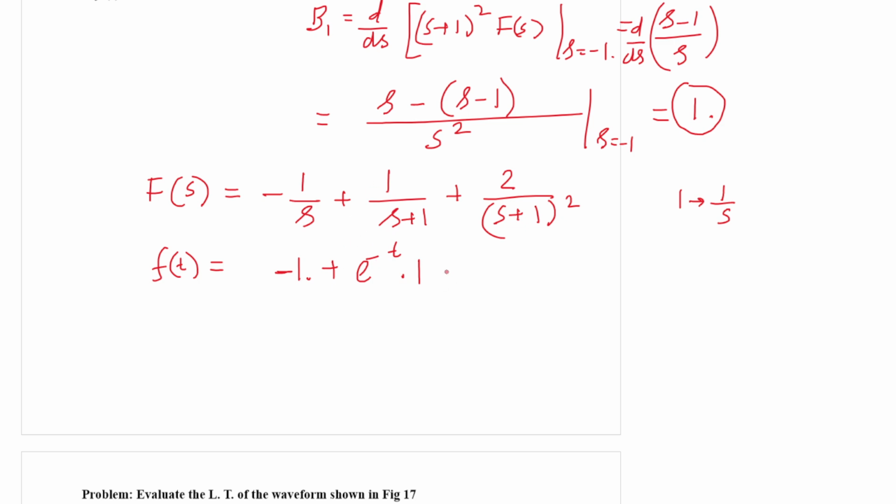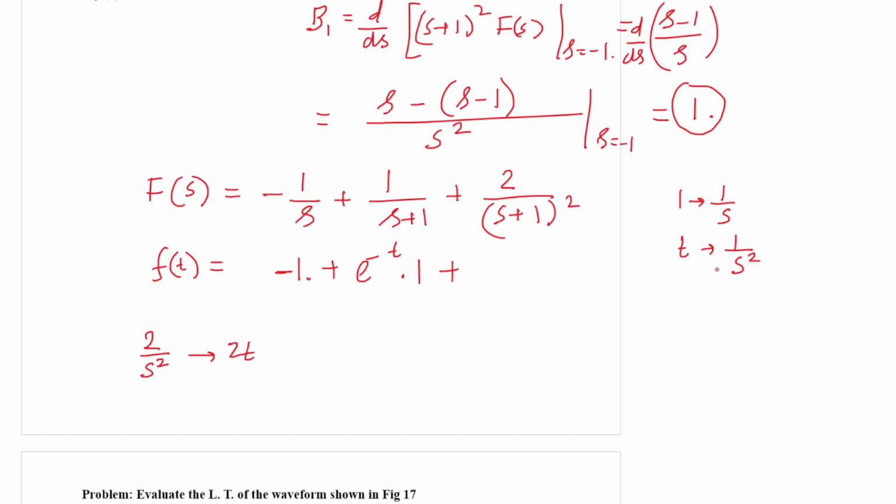Now finally it is 2 by (s plus 1) whole square. What is the meaning of that? If it is 2 by s square, then it should be 2t, because t is the ramp function, whose Laplace transform is 1 by s square.